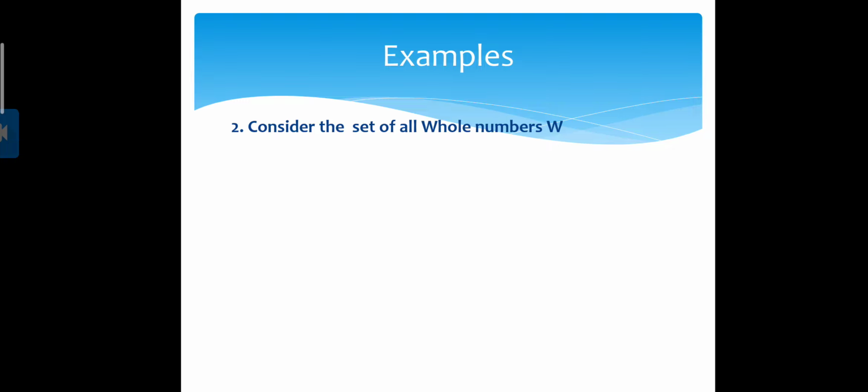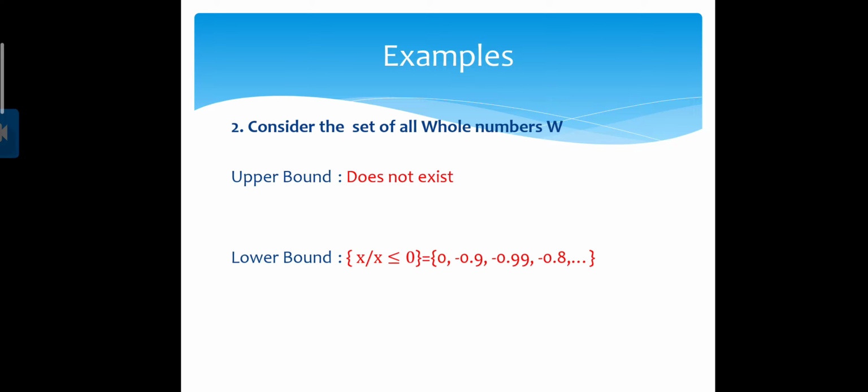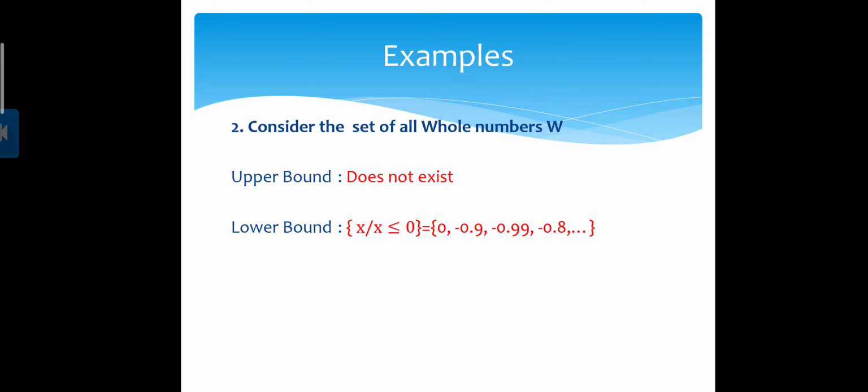For W, whole numbers start with 0 and end with infinity, therefore we cannot find an upper bound. Lower bounds are the elements which are less than or equal to 0, therefore 0, -0.9, -0.99, -0.8 and so on, and it keeps on decreasing. It goes to minus infinity.